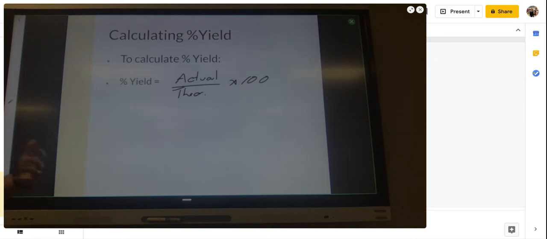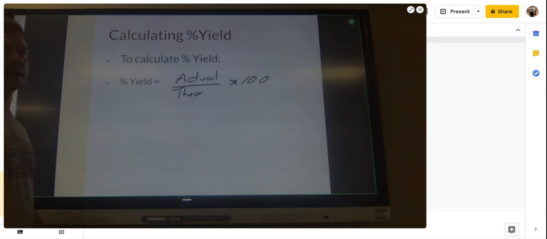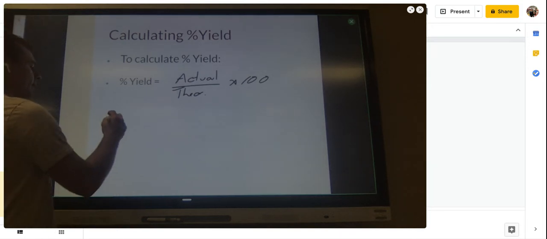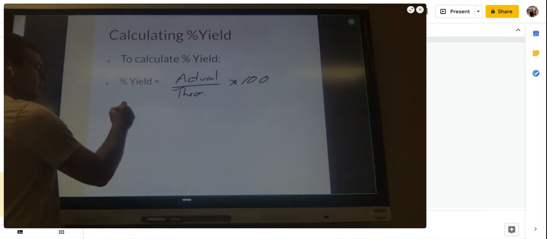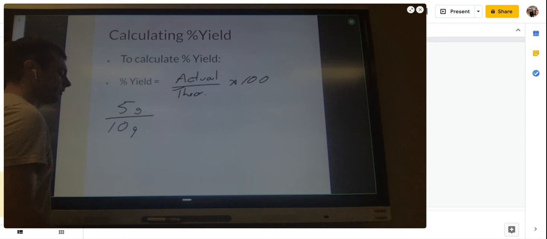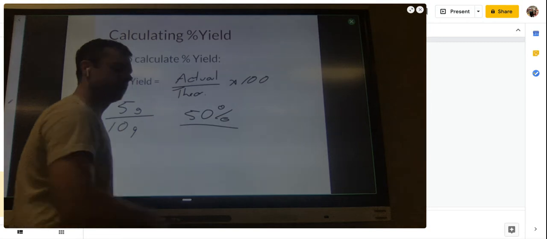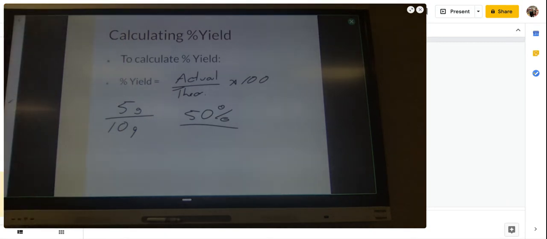So if we did a reaction and our goal is to make some NH3, some ammonia, and we made 5 grams is what we actually got, and we should have made 10 grams. We're going to use nice numbers here. So 5 divided by 10 times 100 is 50% yield. That's kind of the idea on how this stuff works.